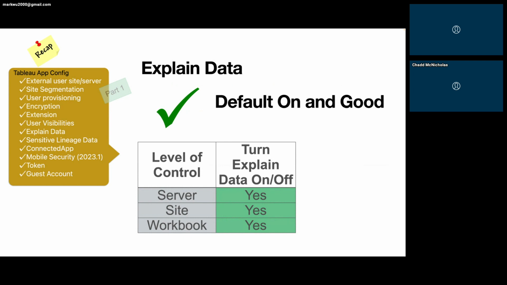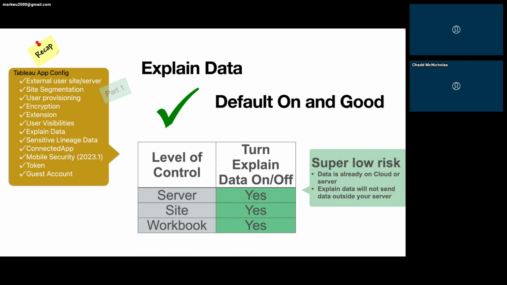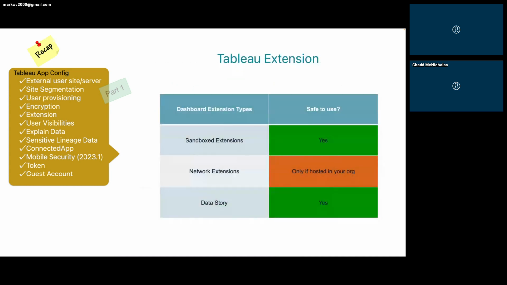Explain Data is a relatively new thing. I did my study. It is relatively safe to use. Default is on, which is good. You do have the option to control on or off at the server level, site level, and workbook level, but turning it on is safe. Super low risk. Tableau extensions: sandbox extensions are safe to use.